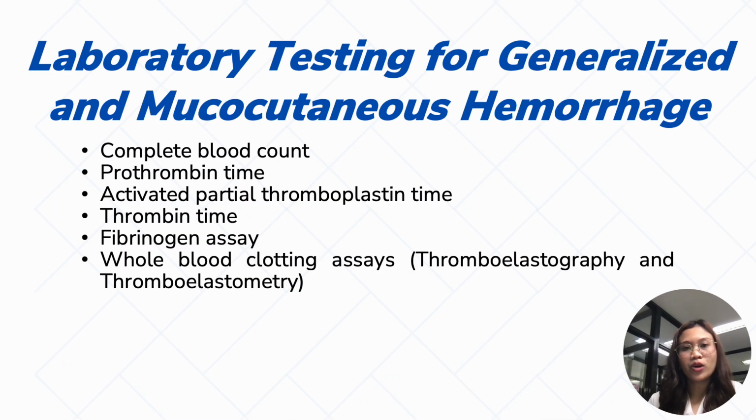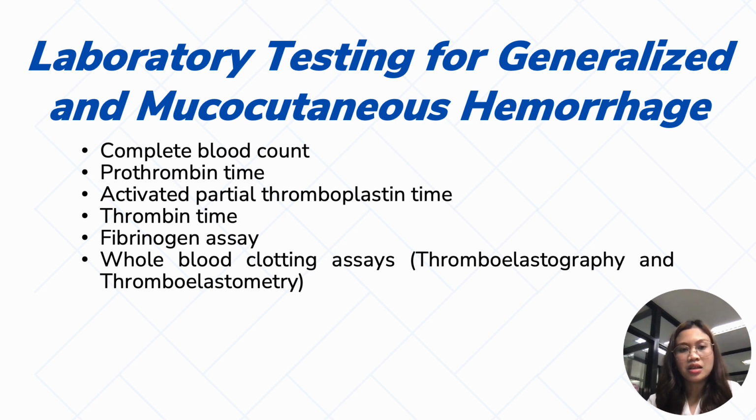Laboratory testing is always warranted when generalized mucocutaneous or anatomic bleed is detected. This slide shows the various tests done to narrow down or identify the cause of the patient's bleed. Complete blood count, or CBC, is a routine test in hematology. This test is used to check for thrombocytopenia.